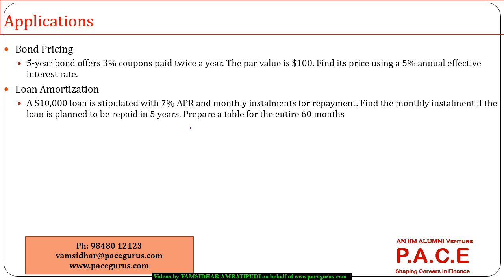Coming to the usages of financial mathematics, we see a lot of applications in the pricing of bonds. We see them in loan amortizations. We also see various bonds and the risk measurement of bonds using duration and convexity.